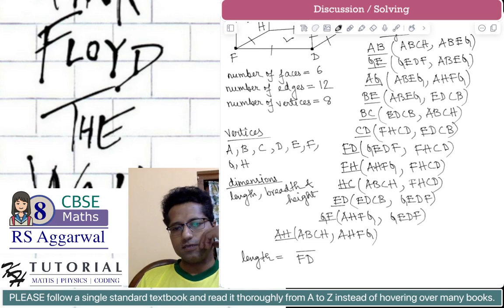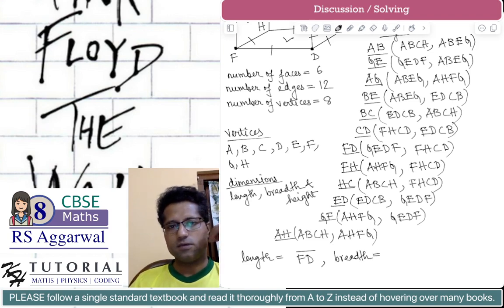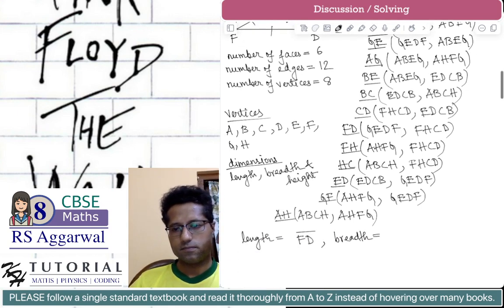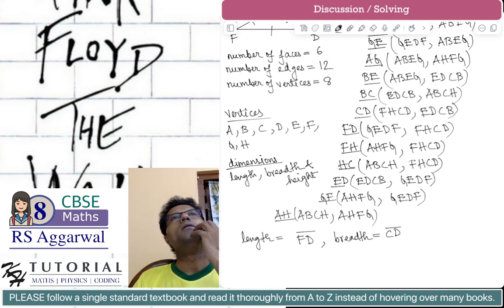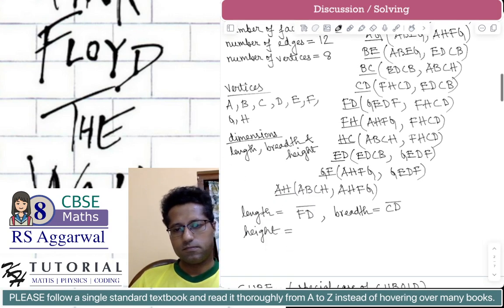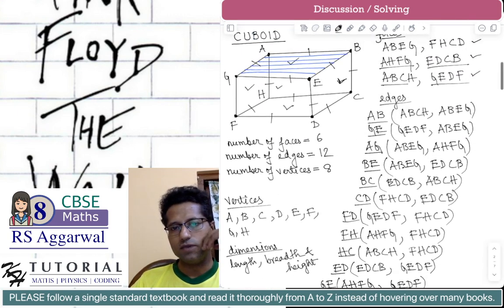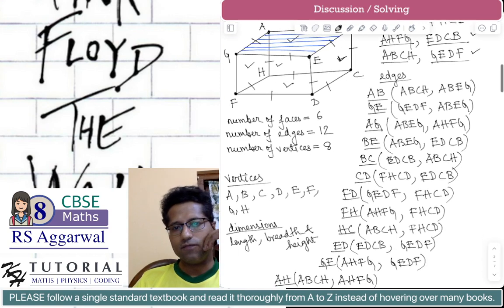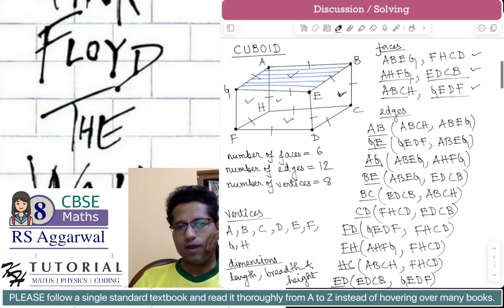For breadth, you can consider the edge DC, and for the height will be DE. Now remember, DE is equal to BC is equal to GF is equal to AH. Similarly, FD is equal to HC, and you have DC is equal to FH, GE is equal to AB.